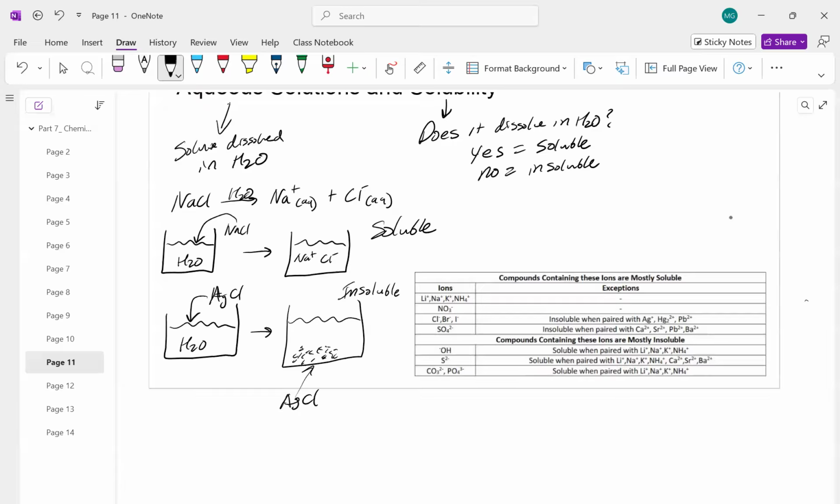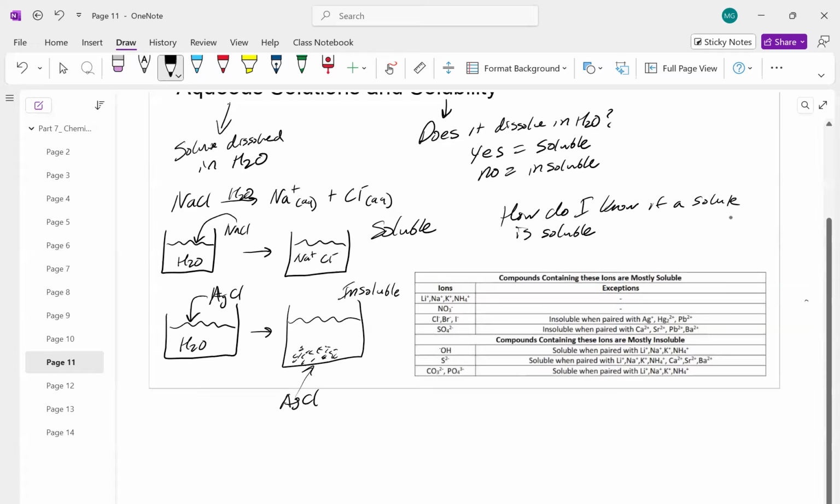Now, one of the skills you need to develop is being able to predict how I know if a solute is soluble. Right now I'm going to focus just on ionic compounds. So you're going to use this chart, and I'm going to provide this for you.